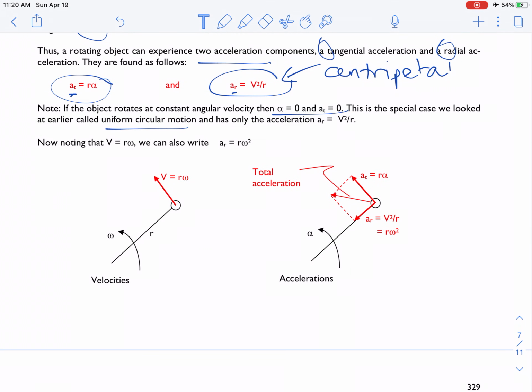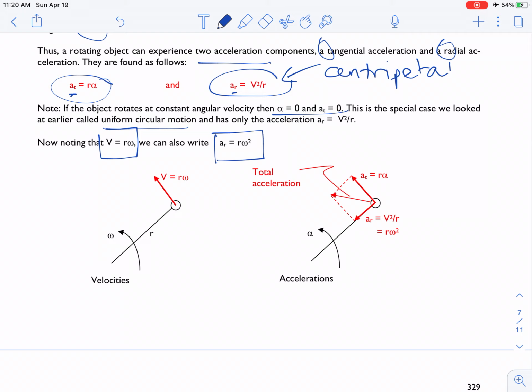Now we're noting, again, the equation we got, v is equal to r omega. That's the tangential velocity related to the angular velocity using the radius r. And we can also write radial acceleration in terms of r omega squared, right? How do we get there?